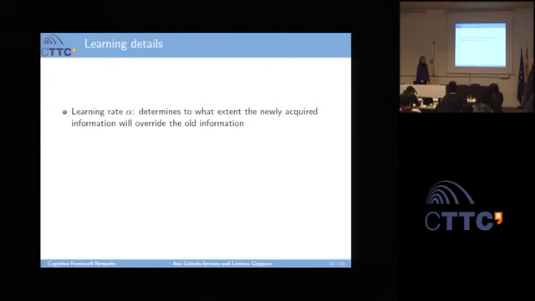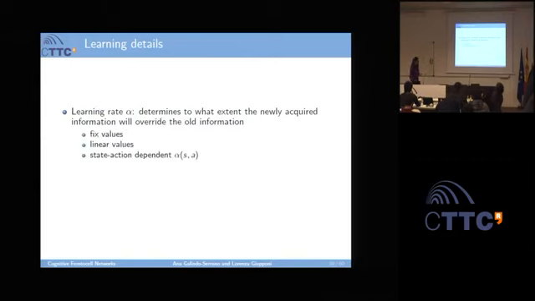Okay, so now we go to the parameters we can tune in order to design a learning algorithm. The first one, and one of the most important, is the learning rate, which determines the importance we give to the newly acquired information.